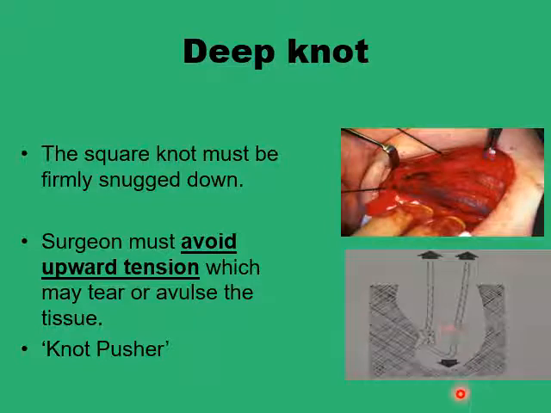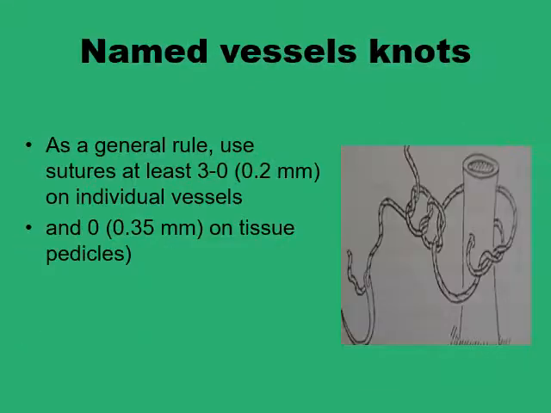This can be achieved by either an instrument like a knot pusher or a knot tie, or some surgeons can do this manually while the other strand is being pulled to snug the knot in place.